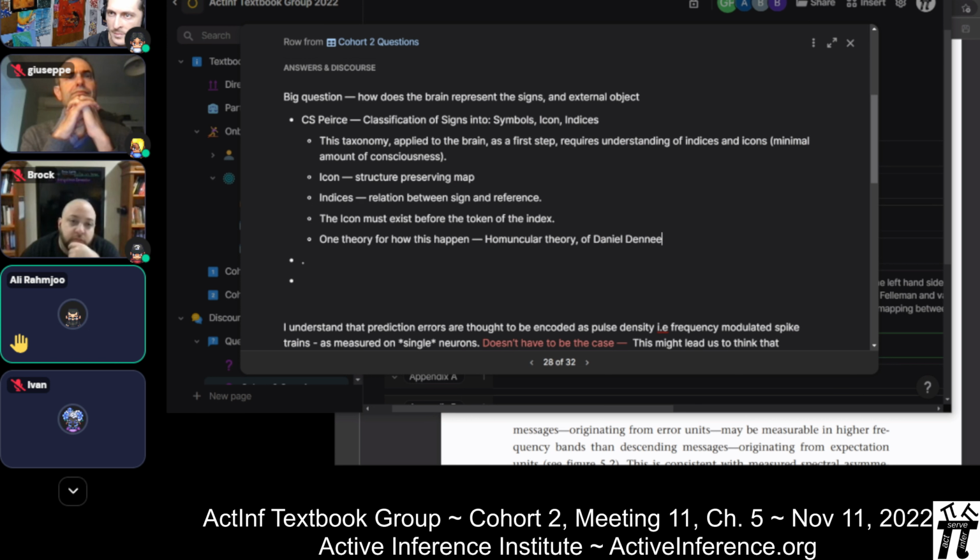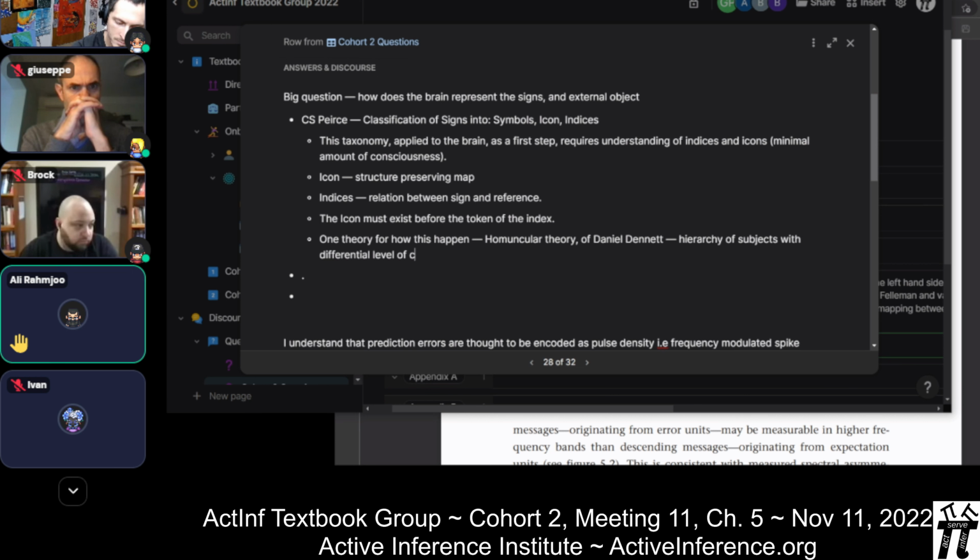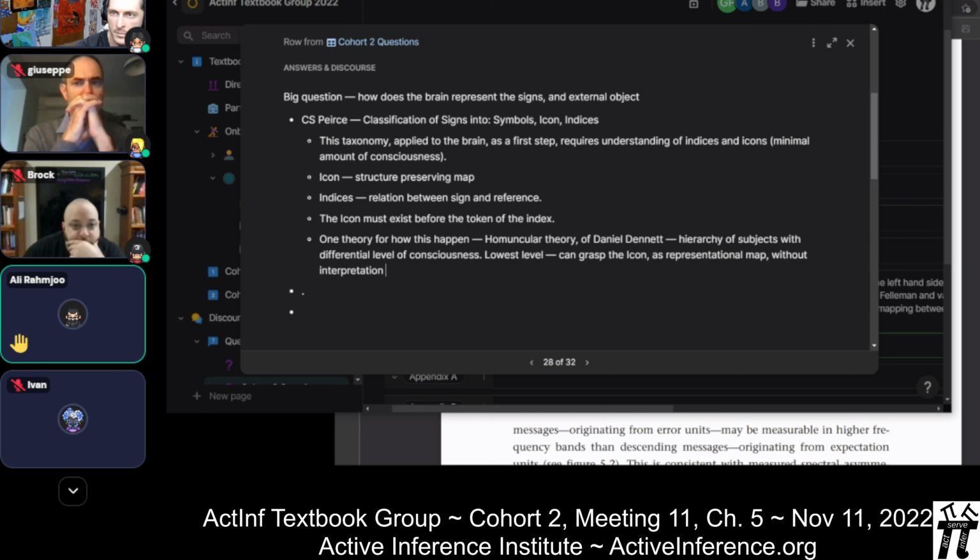And on the bottommost level, we have basically a non-conscious subject who somehow grasps the icon in just a representational map without interpreting it as a specific index, right?